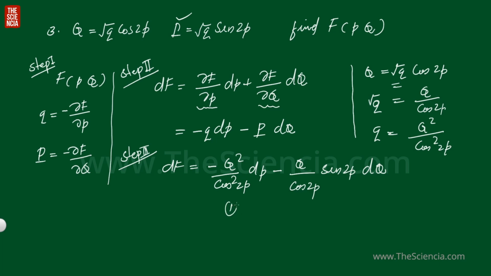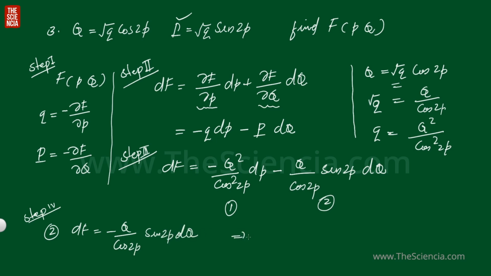So we got two equations 1 and 2, and you can choose any one of them to find out the f value. Here I am choosing the second one, that is step 4. That is df is equal to minus Q by cos 2p into sin 2p dQ.